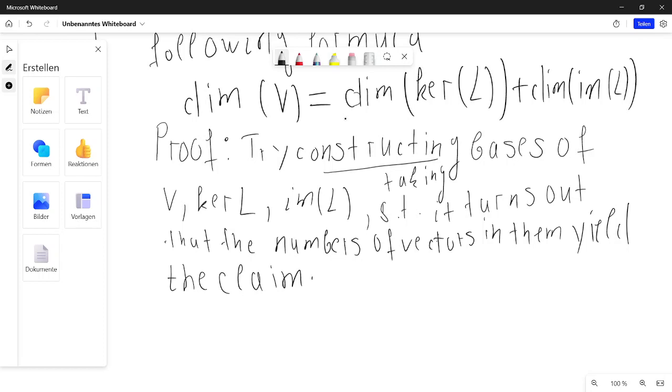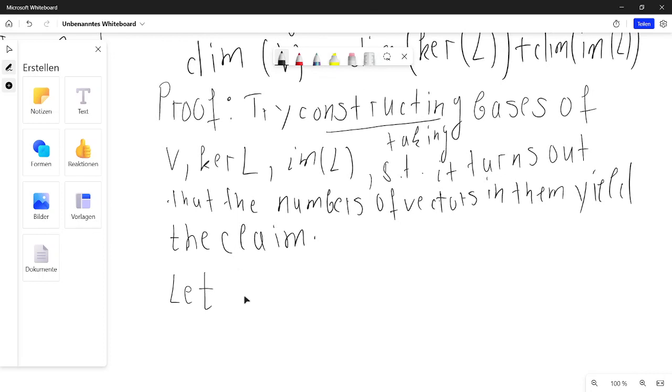But let's try to do the following. I think that actually must work. If this claim is true, then that must work. Yes, that's very simple. I don't think it is proved like this, but yeah, it's very simple.